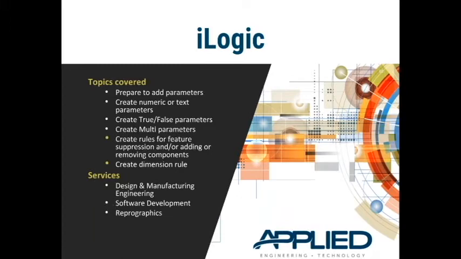All right, so specifically to iLogic, what we're going to be going over today, just a few topics that I'll be covering. Preparing to add your parameters. With iLogic, for those of you that don't know, iLogic comes with your software, right? And it allows you, whether it's parts, assemblies, or drawings, to take those files and basically make them more intelligent files.